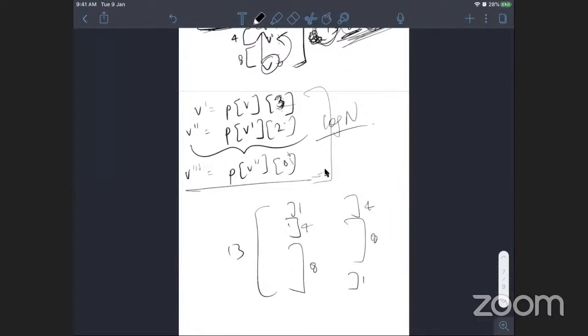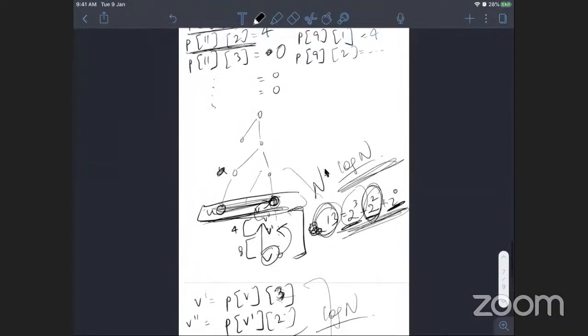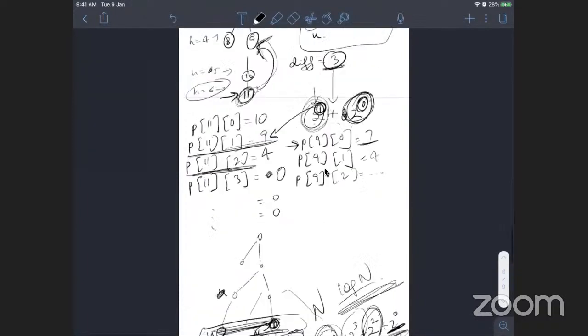After getting equal heights. Okay. Why can't we directly jump to the same level? I mean, how will you jump to the same level? You don't know the 13th parent of V. That's the issue. You do know what the 4th parent of V is, the 8th parent, the 16th parent, but you don't know who the 13th parent is. You've only stored limited information.